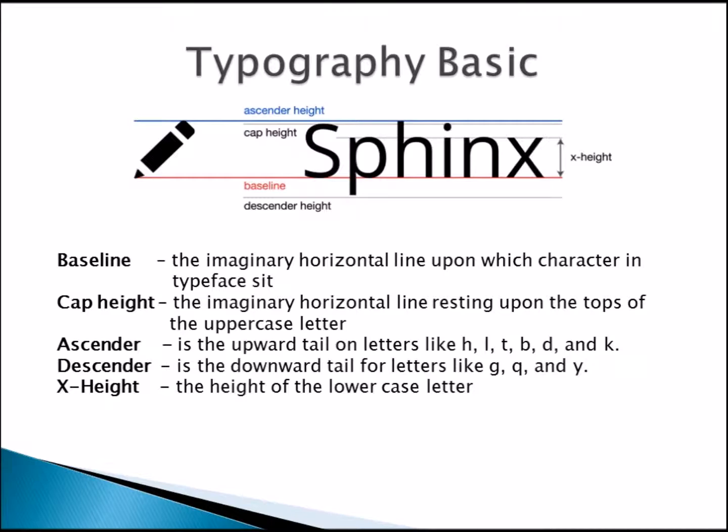Ascender is the upper tail on letters like H, L, T, P, D, and K. Descender is a downward tail for letters like G, Q, and Y. And lastly, x-height is the height of the lowercase letters.